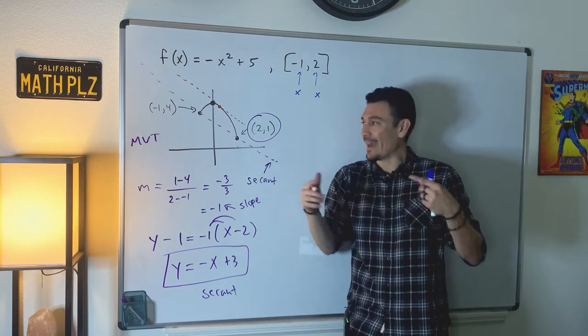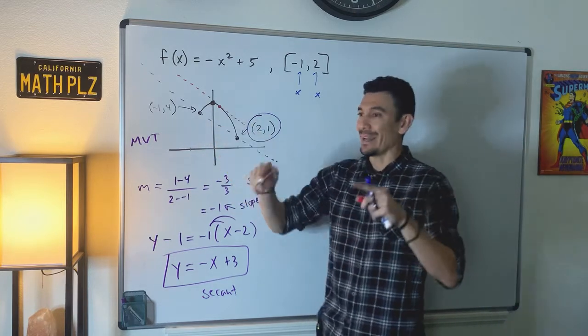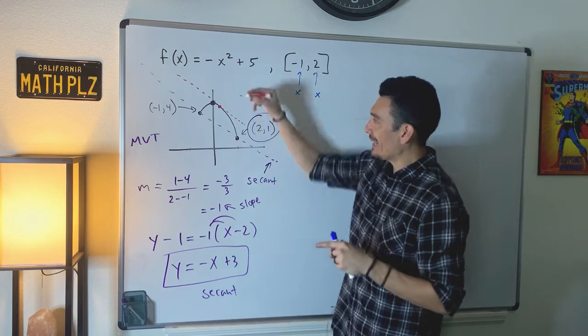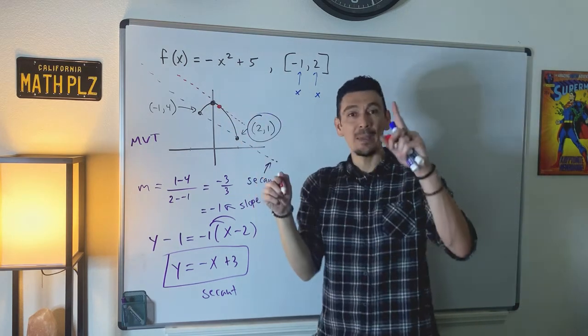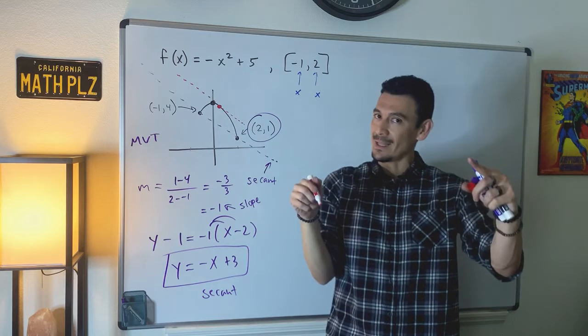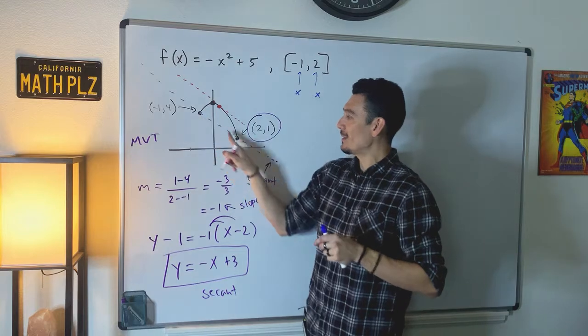That's the whole point of MVT. It means you're guaranteed a point somewhere in the middle that, if that's your point of tangency, then your tangent line is going to be parallel to the secant line. And the secant line is the line that connects the beginning with the end.